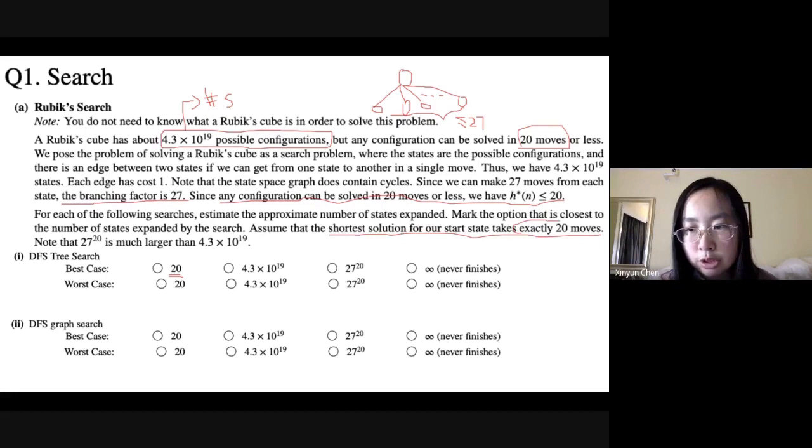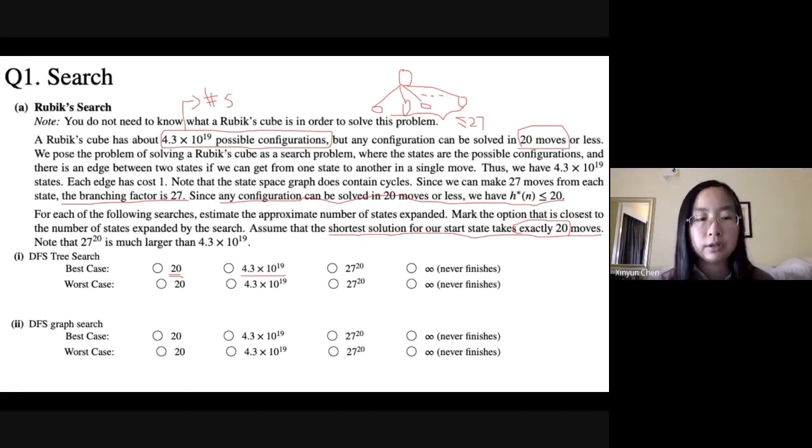So 20 means that if, when we do the search, we only search for one path and it happens to be the optimal path, then in this configuration we only need to expand 20 states to get to our final answer. Then for the second number, 4.3 times 10 to the power of 19, as we marked before, this is the number of all possible states.